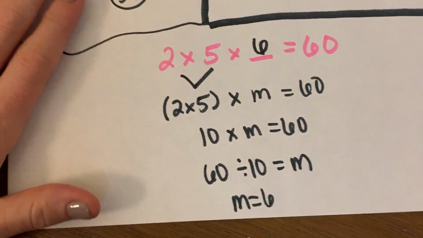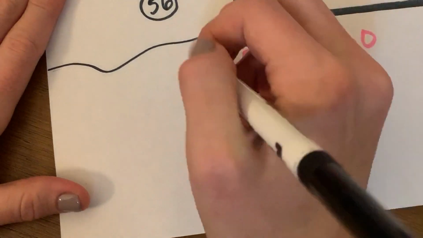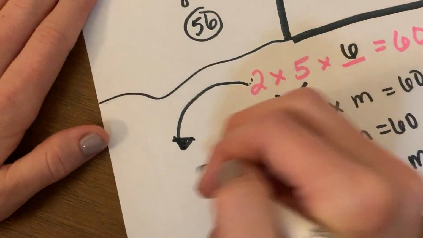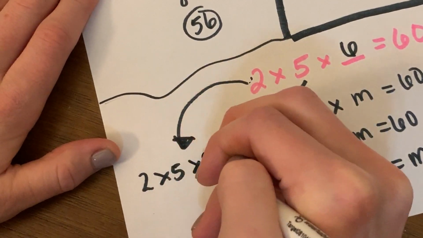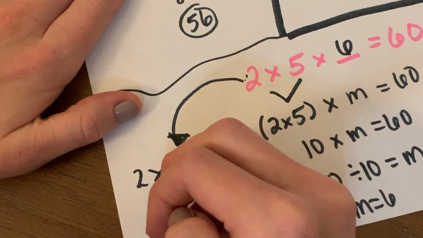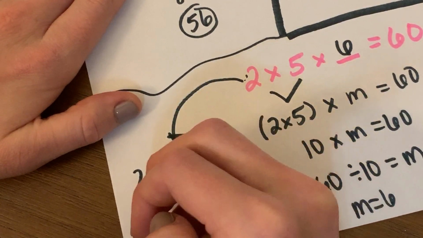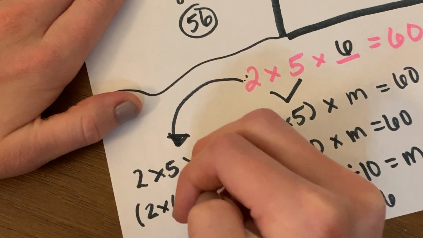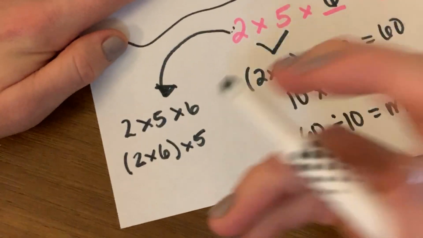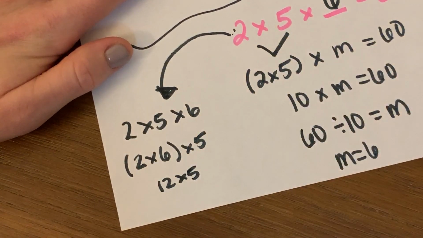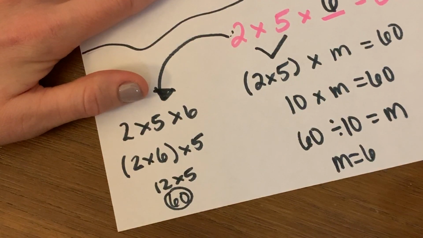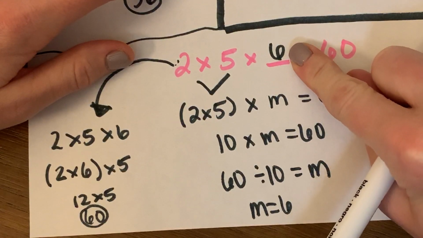I can check this by grouping the numbers with a different combination. I'll do 2 times 6 times 5, and I get 12 times 5. I know that 12 times 5 gives me 60, once again confirming my answer, and that 6 does belong there.